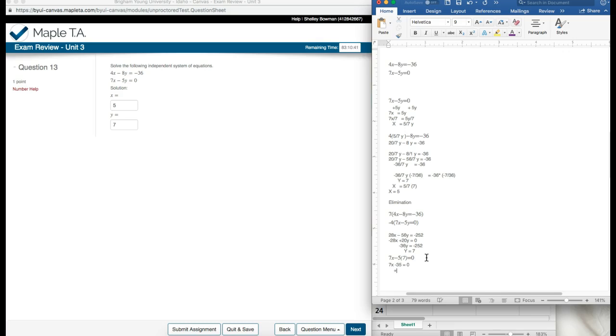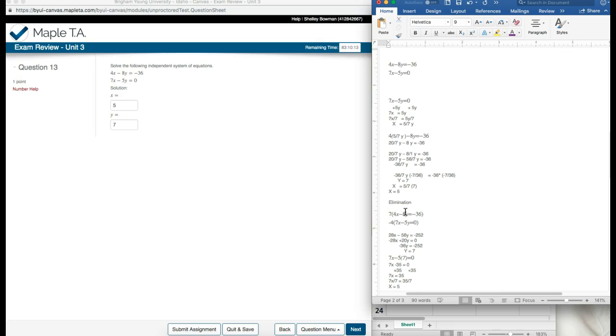So add 35, and I end up with 7x equals positive 35, and then divide both sides by 7. So I copy and paste that here, and divide by 7, and divide by 7, which gives me 7 divided by 7 is 1, which times x is x, and 35 divided by 7 is 5.